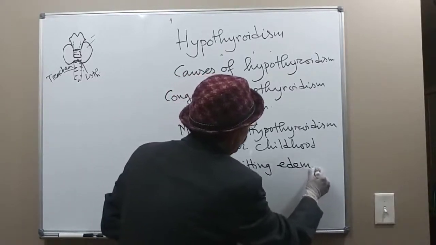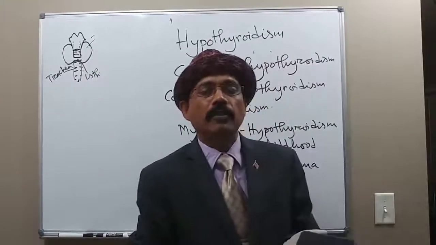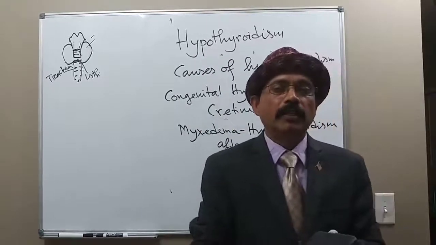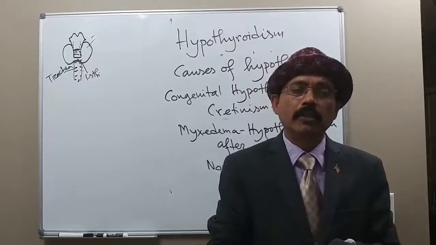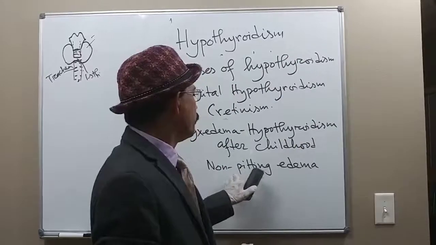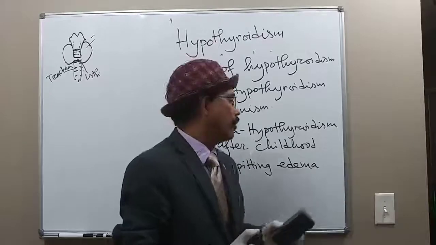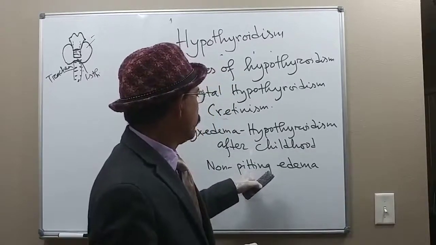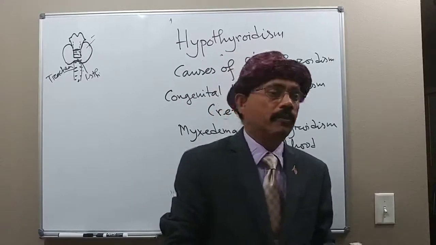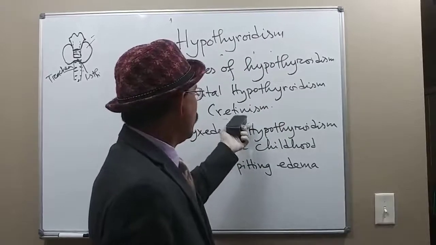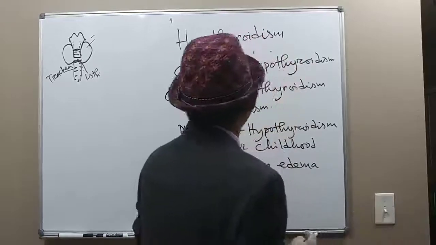The idea is that there will be a collection of fluid in the interstitial tissue space, like a jelly-like collection that is rich in chondroitin sulfate and hyaluronic acid plus protein. If you push, you may not make a depression because of the collection of chondroitin sulfate, protein and hyaluronic acid. Okay, so that is myxedema.